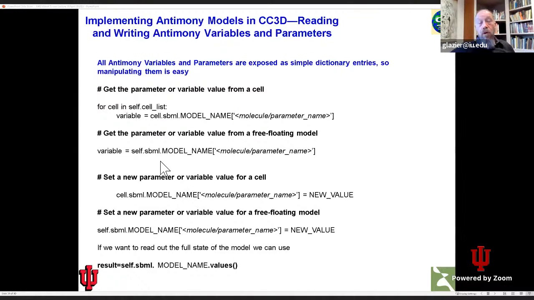However, that won't work with a SPML model, because instead of cell.dict and the name of the species, we have cell.spml.model name of the species. It's a different dictionary.